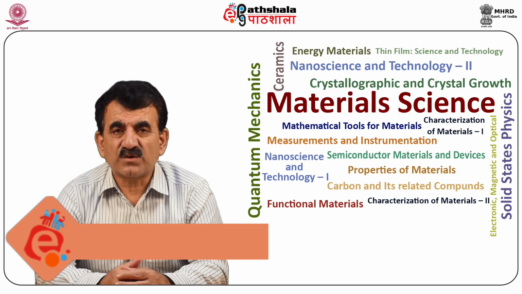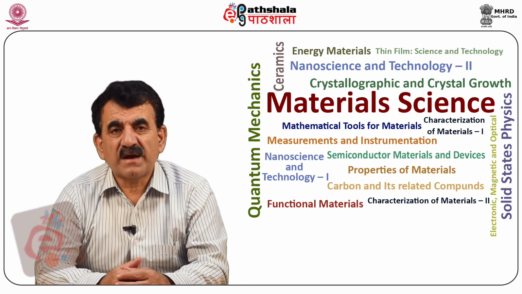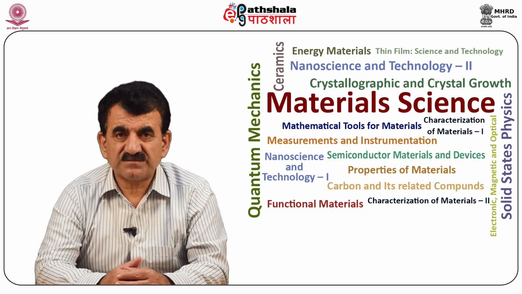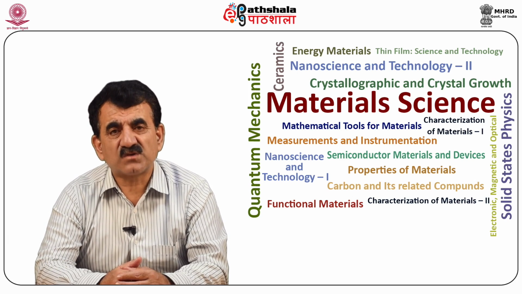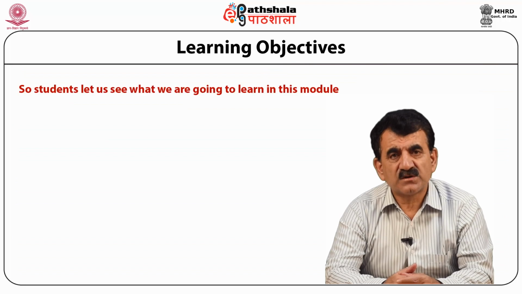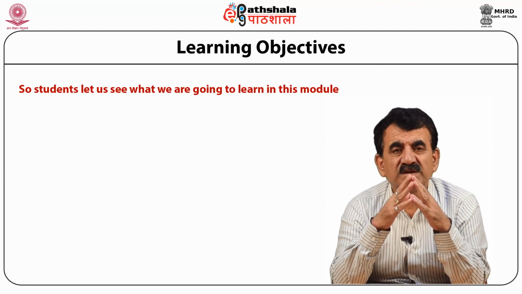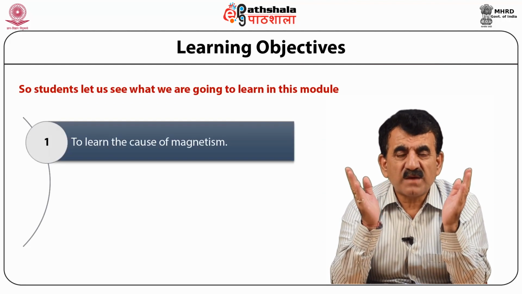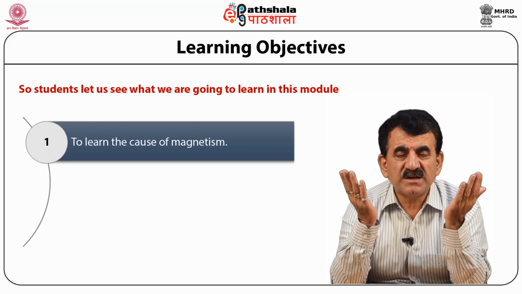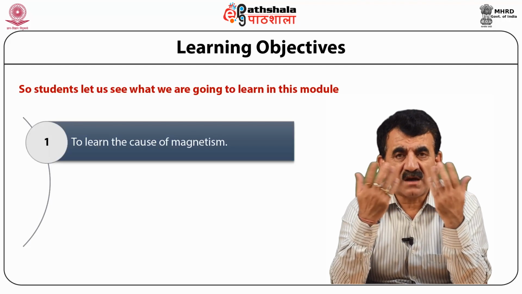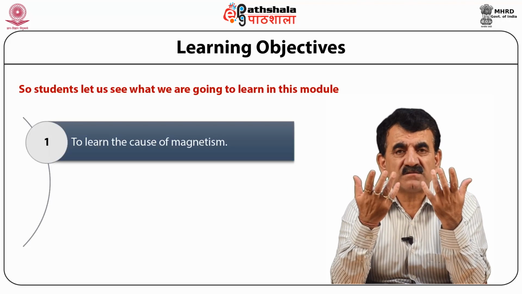Today we are going to talk on the module Magnetic Properties of Solids under the paper Solid State Physics. Students, let us see what we are going to learn in this module: the cause of magnetism, how it originates, and what the sources of magnetism are.